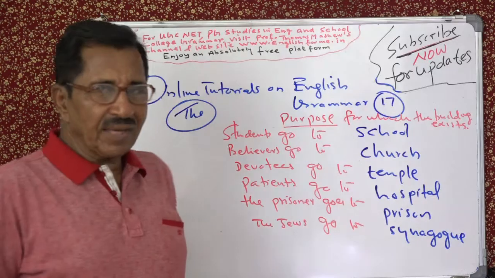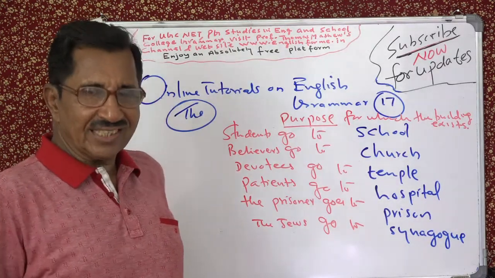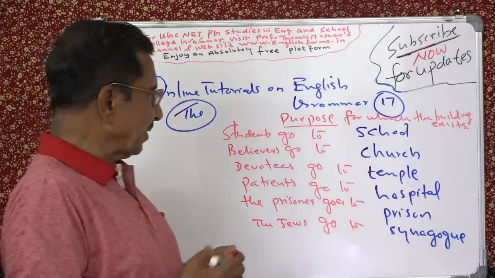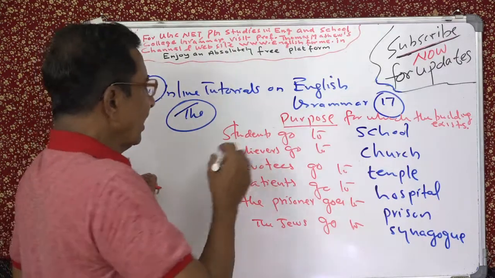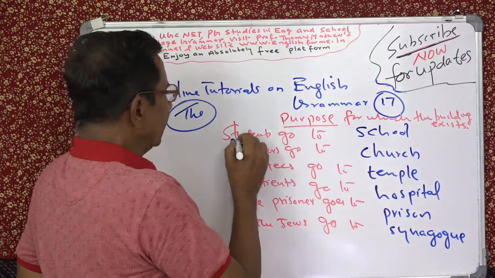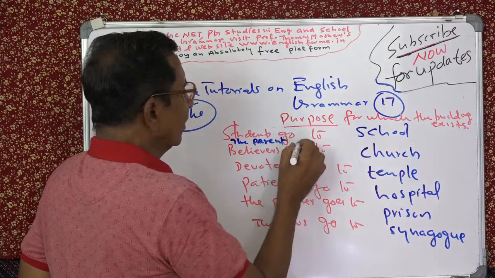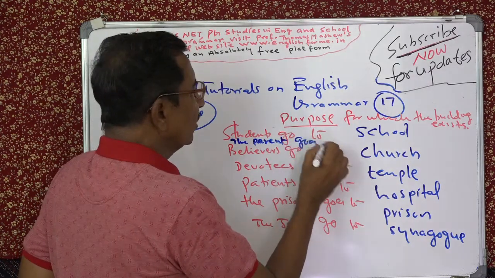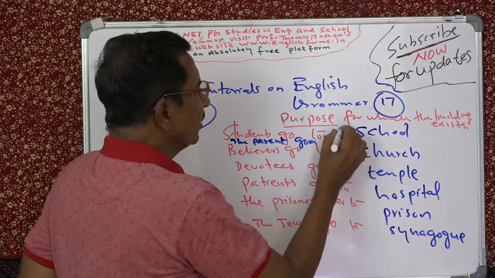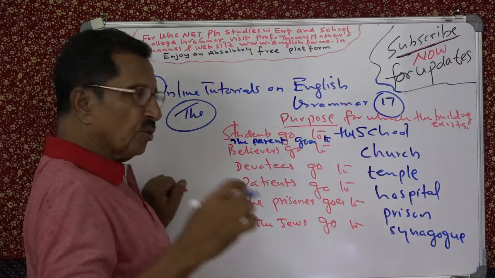Okay. So here it is. But at the same time, now look at the change here. When you say the parents go to the school, the parent goes to the school.